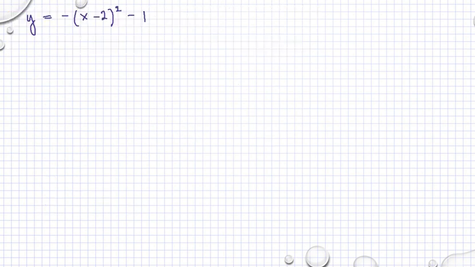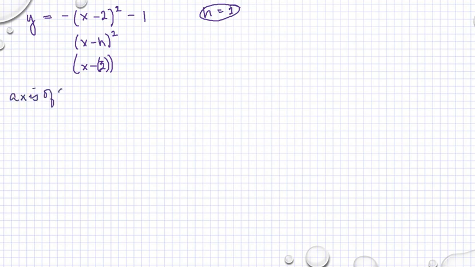So our h now is, in x minus h squared, x minus 2. So our h is positive 2, because we have x minus 2 there. So our axis of symmetry is 2. X is equal to 2.